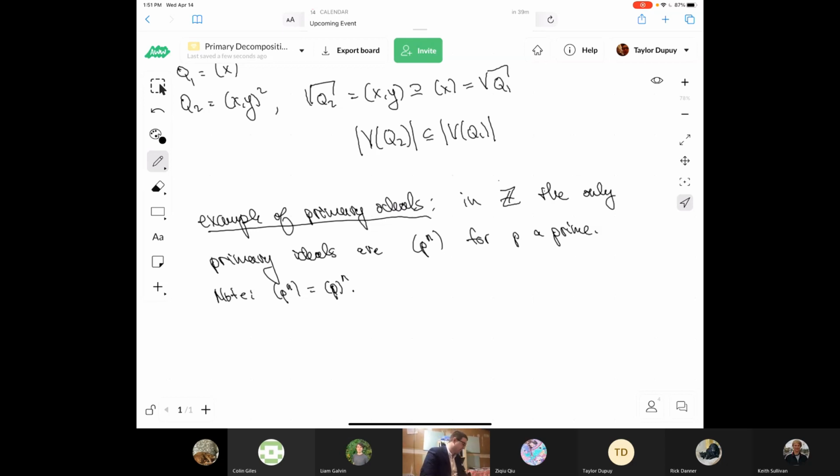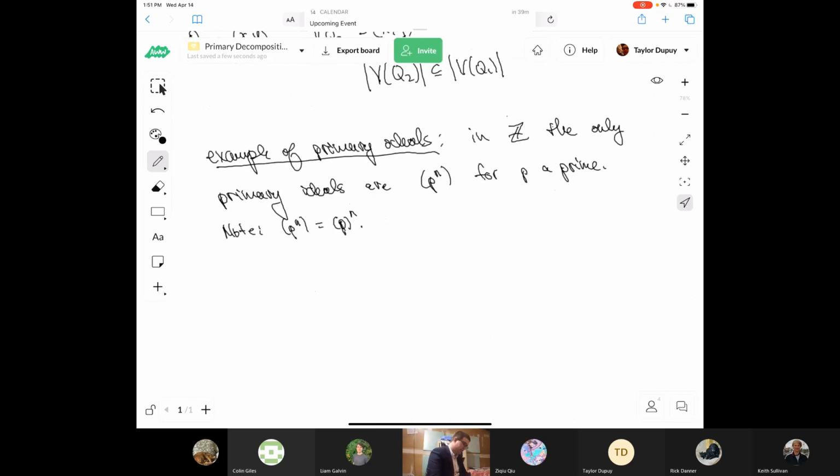But here's a counterexample. So not every power of a prime ideal is primary. Okay, so let me look at this example here.